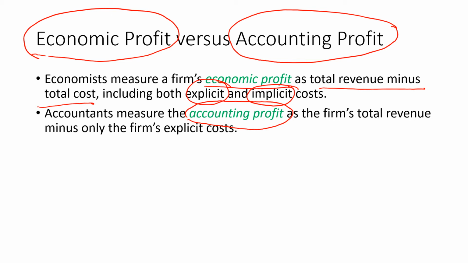The net income is calculated as the total revenue minus the firm's total explicit cost. So an accountant does not count the implicit cost, whereas an economist always counts the implicit cost, and that makes a difference. Why is it important?